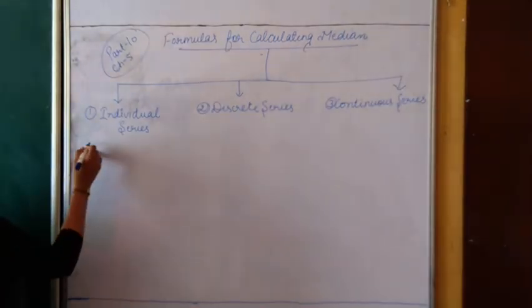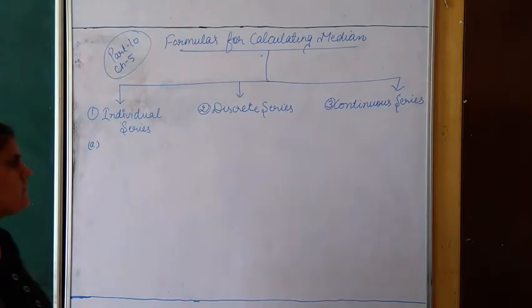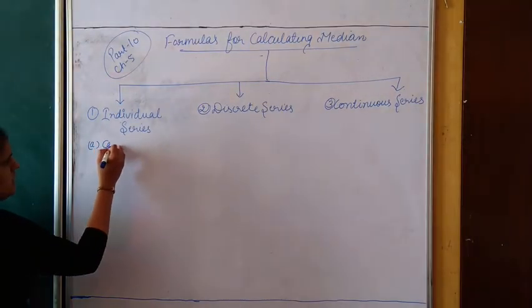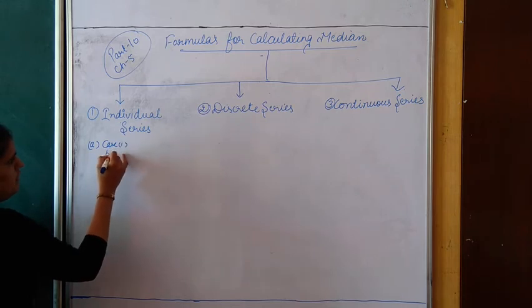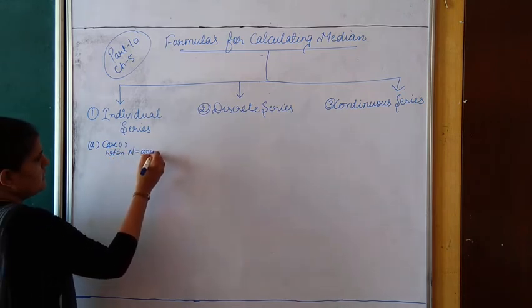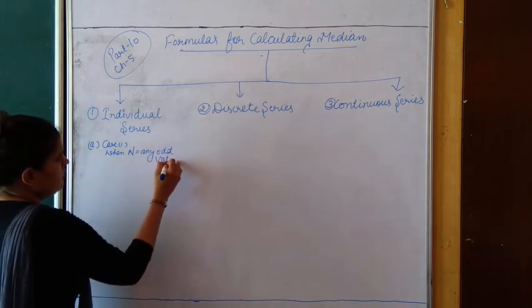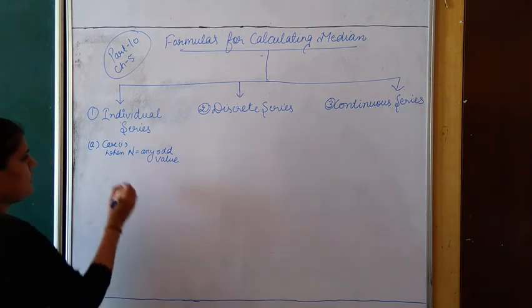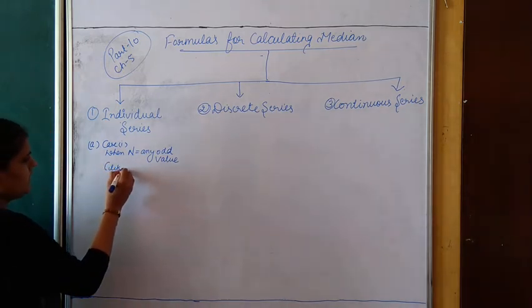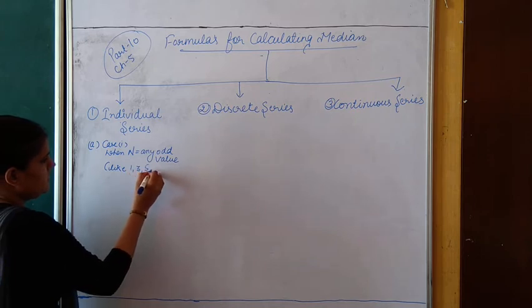In individual series we have two formulas and two different cases. First is case 1, when n is equal to any odd value, like 1, 3, 5.